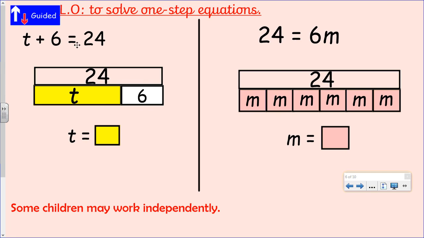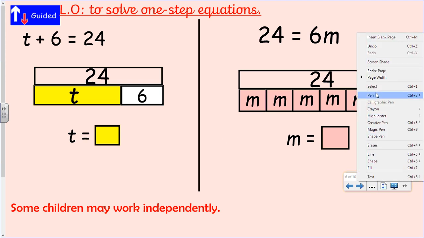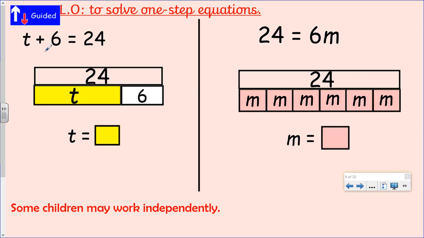Essentially, you need to balance out the equation. So there's 6 on this side of the equation. If you take off 6 from this side, I'll just grab my pen, we'll keep in balance. So if we take off 6 from that side, we end up with just T.